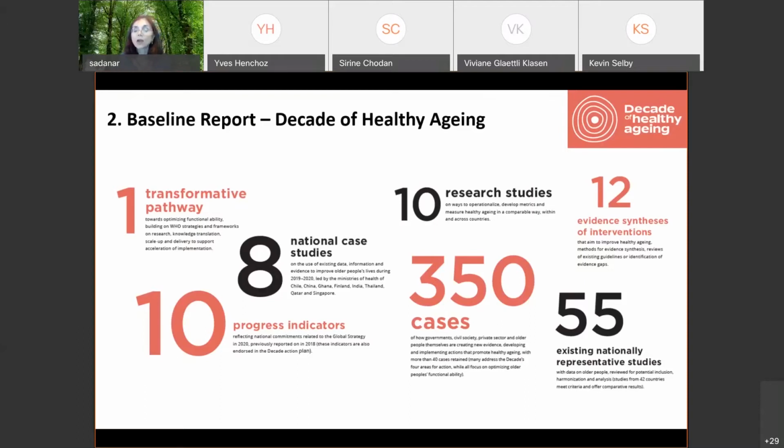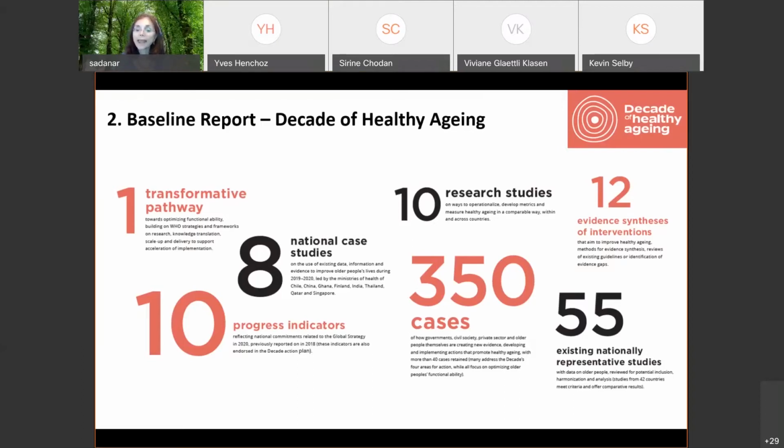We also had commissioned 10 different research studies with many different principal investigators in different countries. We also conducted 12 evidence syntheses. Cochrane Campbell Global Aging was a key partner in enabling this. Through our regional offices, as you know, WHO has 6 regional offices, including the one in Copenhagen, Denmark, for the 53 countries in the European region.